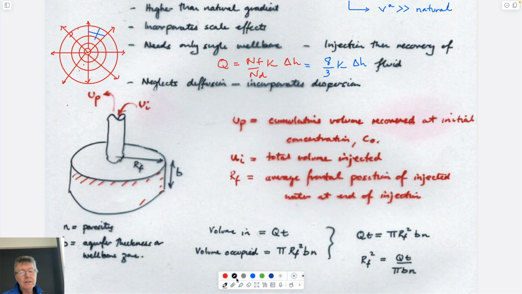My reason for mentioning this is that you know that within each of these flow channels, these flow tubes, Q is constant by definition. And so the fact that close to the well bore, the cross-section area is small, so the velocity must be high. Long way away from the well bore, the cross-section area of flow is big, and so the velocity must be small. So this velocity would be small, so this velocity is big.